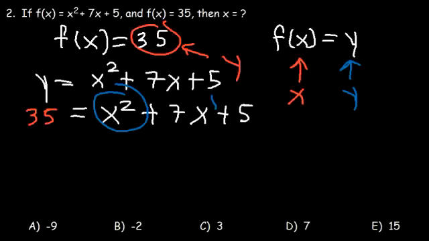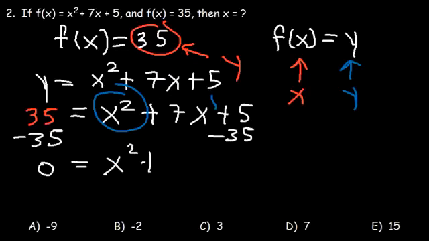So at this point, let's subtract both sides by 35. Now we have 0 is equal to x squared plus 7x minus 30. Now we need to factor this expression.